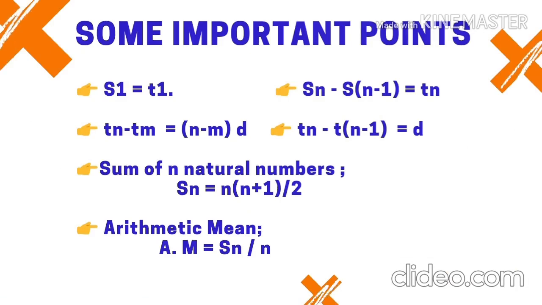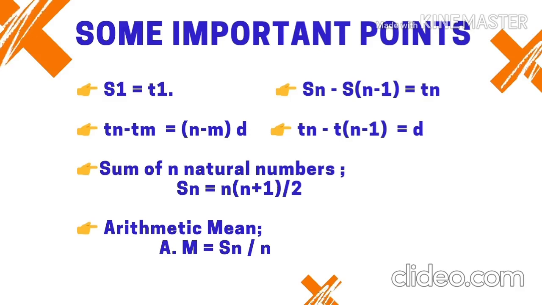These are some of the important points we must know. The sum of the first term is the first term itself. The difference between consecutive sums is equal to the term. The difference between consecutive terms is equal to the common difference.